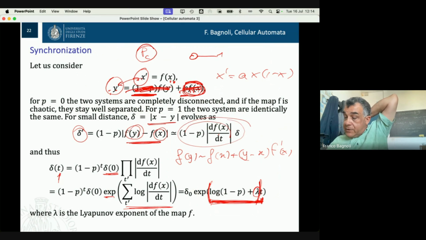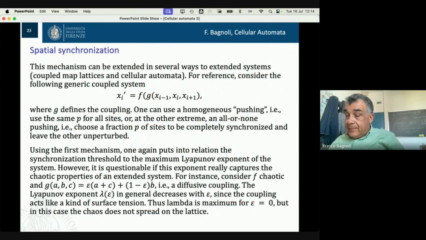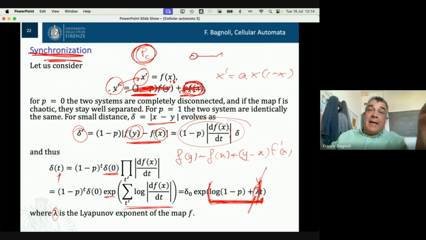And so essentially you see that the critical synchronization transition is related to the Lyapunov exponent, or to the largest Lyapunov exponent, if these are high-dimensional systems. And so synchronization is a way of measuring the chaoticity, the Lyapunov exponent, not by studying how things diverge, but how things converge or are pushed one against the other.